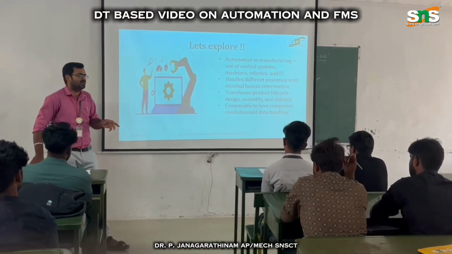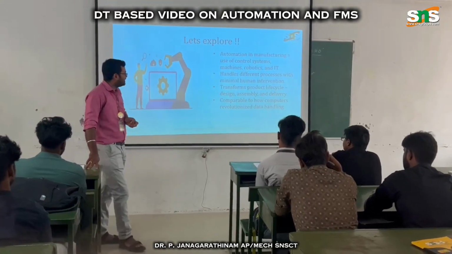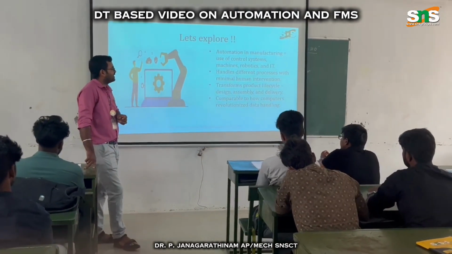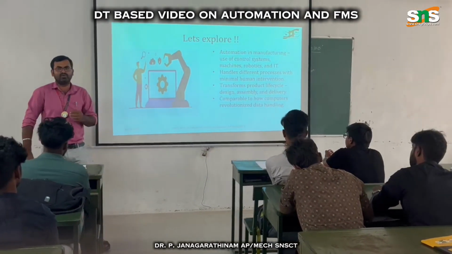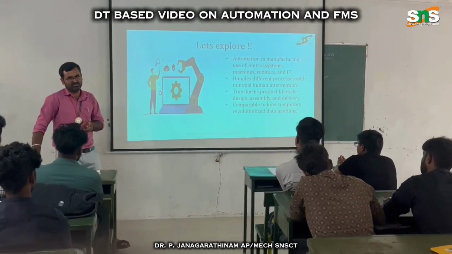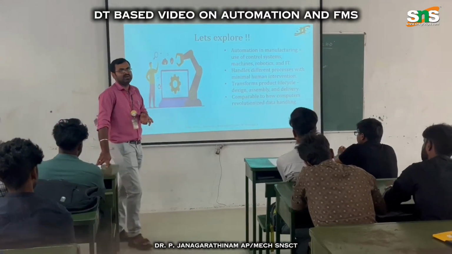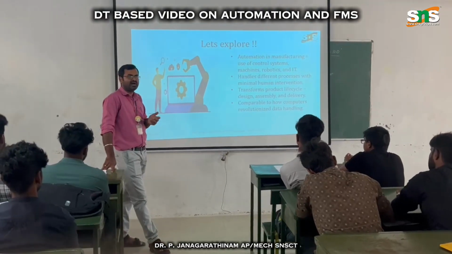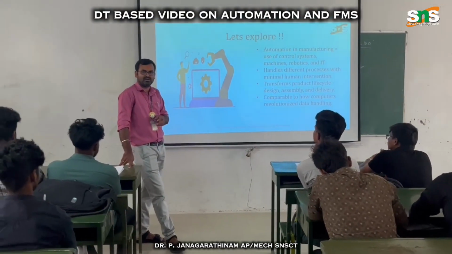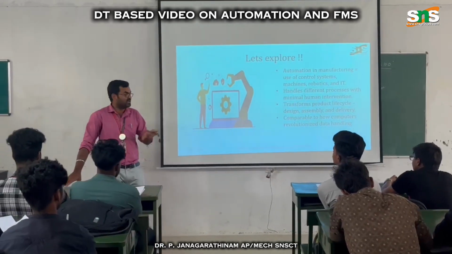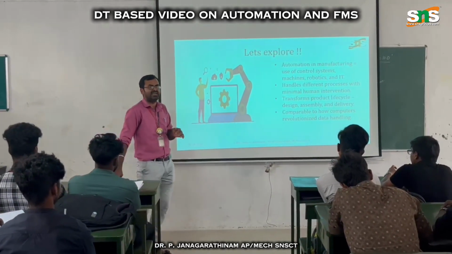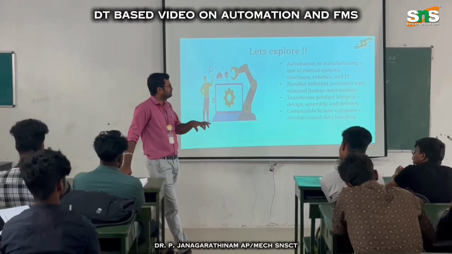Just as computers evolved for data handling, digitalized computers perform the main role in controlling the material handling system and performing the tasks. Okay, this is the overall definition of the automation system.